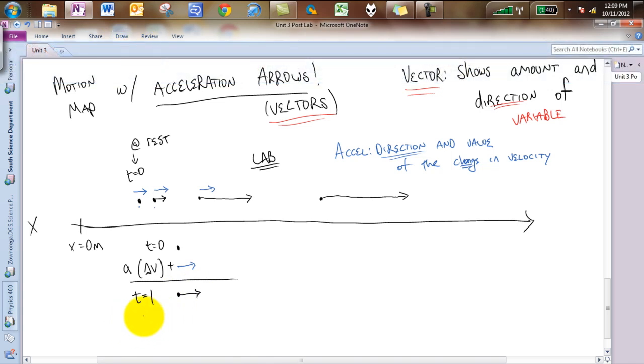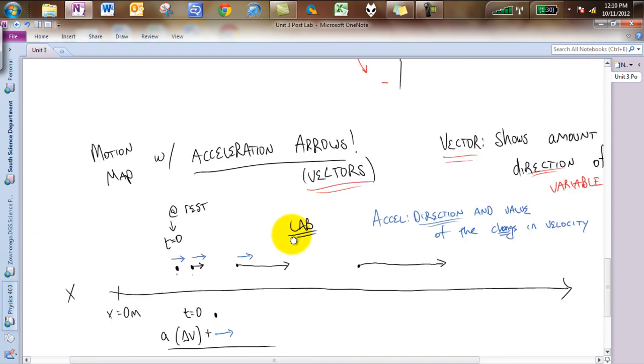At t equals 1, my acceleration is still going to be like that. So guess what? At t equals 2, I should have a velocity of both of these things added up together. This vector plus this vector, which gives me a longer vector going to the right. And you'll start to notice that is exactly what I drew when I drew my velocity vectors going to the right. We will take a deeper look into this tomorrow as we start playing with different situations.